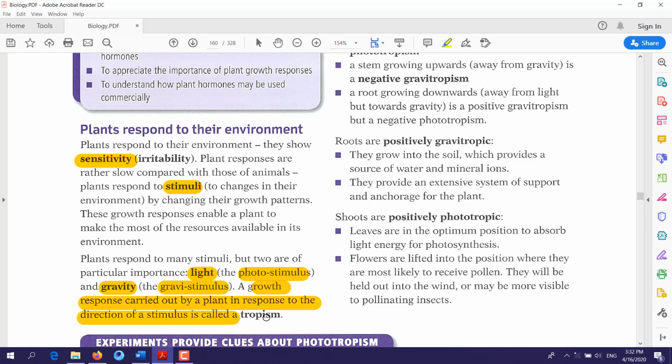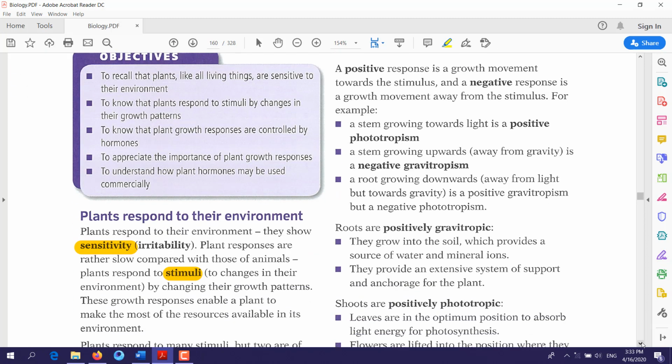Or, if you want, you can give another definition: tropism is the growth of a plant in response to a stimulus. We have two types of tropism. The tropism is either positive or negative, but when is it positive and when is it negative?